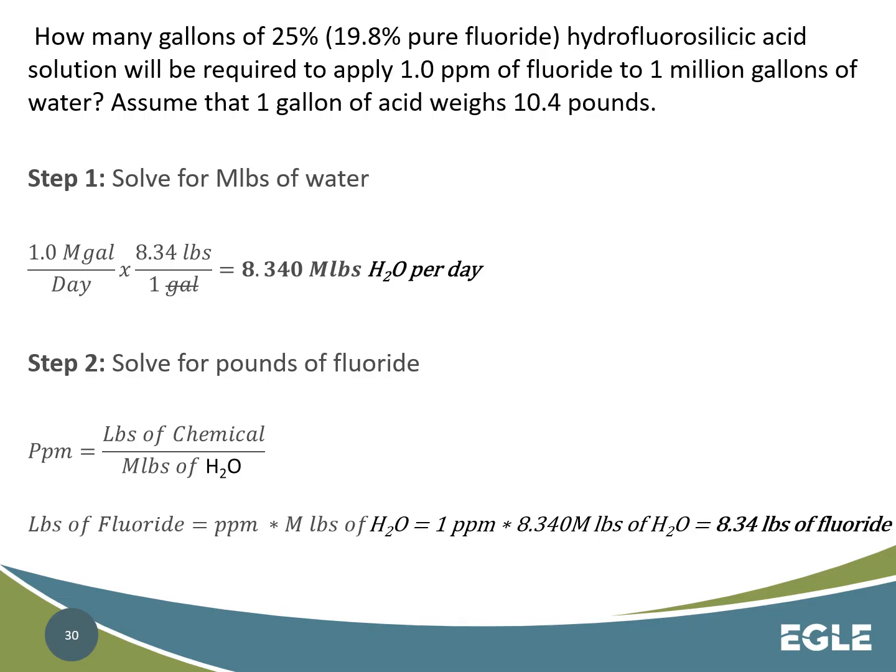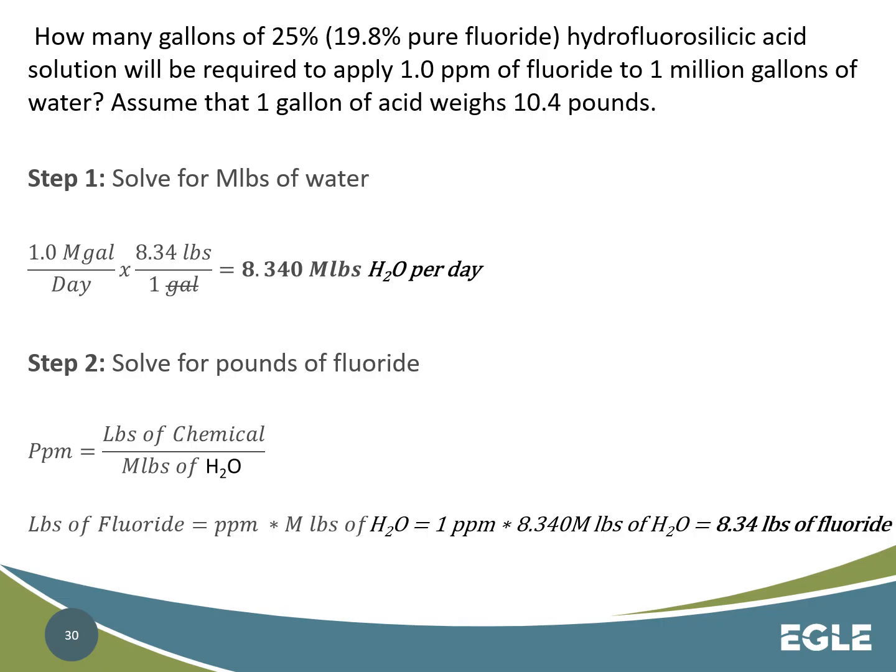And step number 2, depending on what you're asked, if you're given a concentration and asked for pounds of solution or gallons of solution, then you're going to have to find your pounds of the chemical. If you're given your pounds of chemical already and you're asked for a concentration, then you'll be able to use the part per million equation to solve for that concentration.